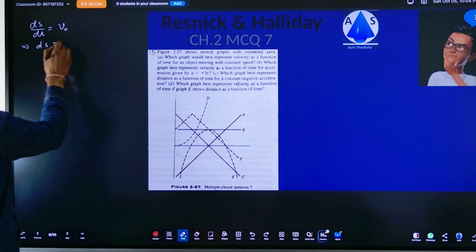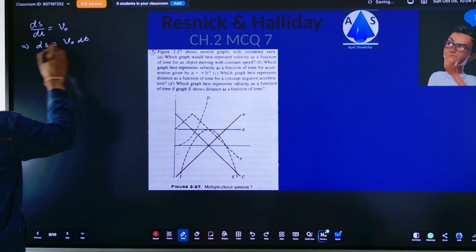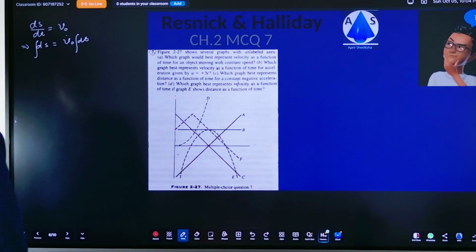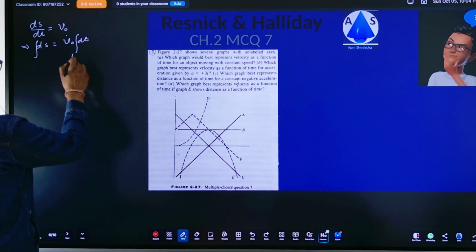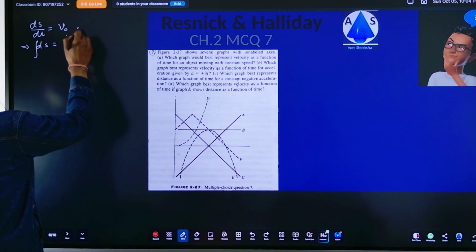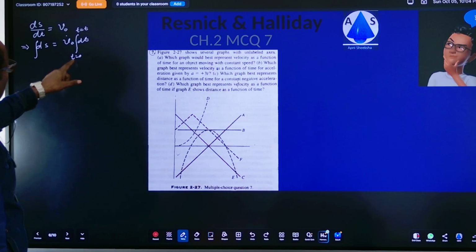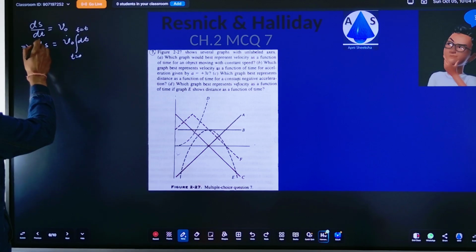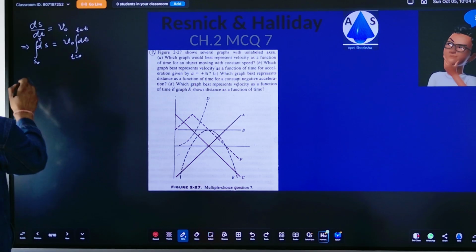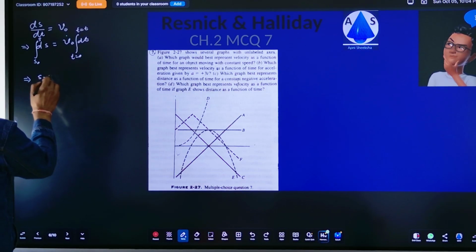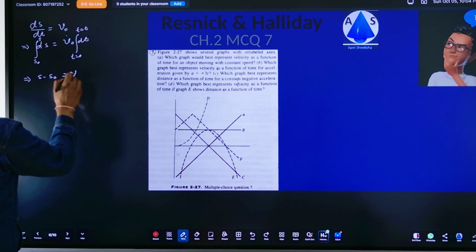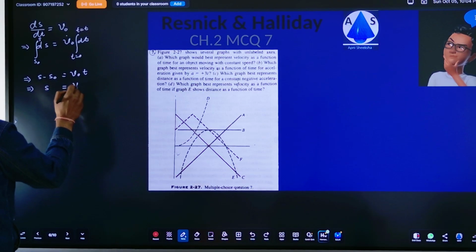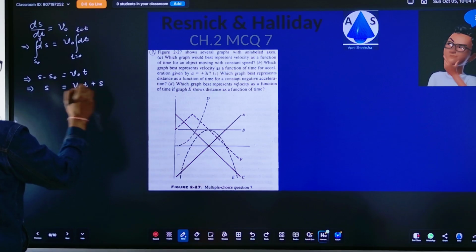When we shuffle like this and integrate both sides, v naught is constant, so we will keep it outside the integration. Limits t is equal to 0 to t is equal to t. Let us say at t is equal to 0, the object was at s naught, and at t is equal to t, it is at s. So your equation becomes s minus s naught equals v naught into t, that is s is equal to v naught into t plus s naught.